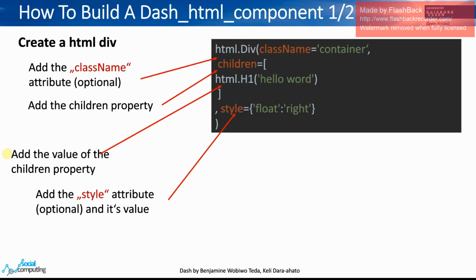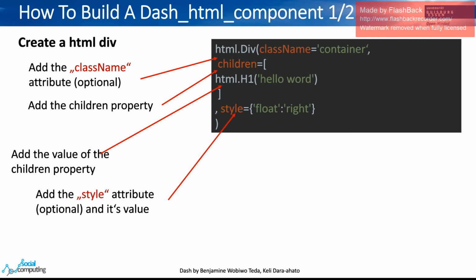Now, let us see a way to build a div that contains the headline Hello World using a Dash HTML component. So, you declare the div, and inside it, you can optionally declare the property class name, which helps you customize your app.